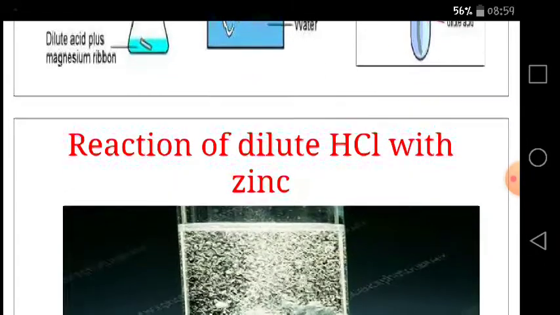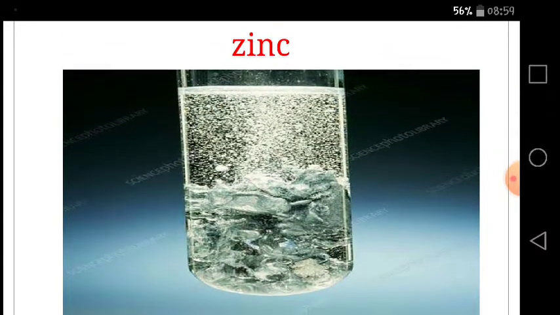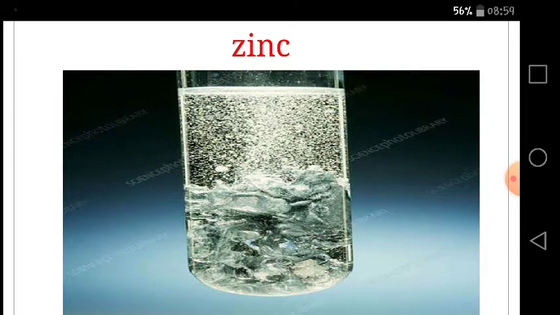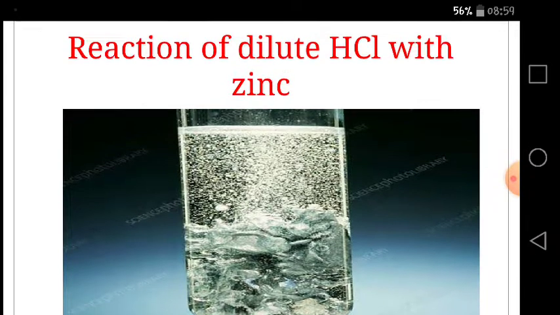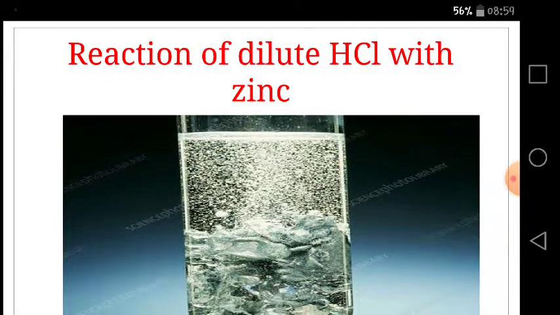Secondly, we have to react dilute hydrochloric acid with zinc, and this is a pictorial representation of how zinc reacts with HCl. You can see the bubbles coming out during this reaction when we add dilute HCl to zinc.